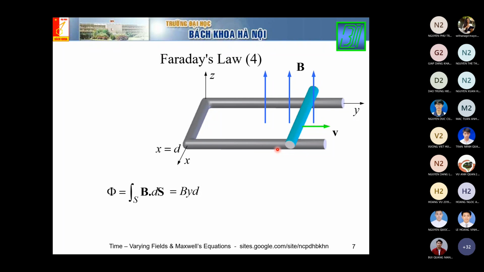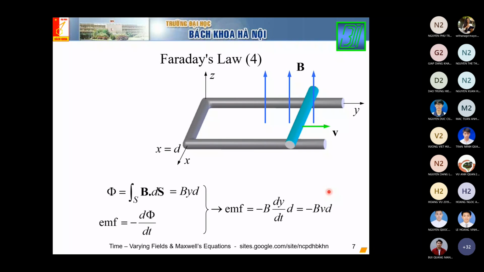The induced voltage can be found from this formula. We find the derivative, the rate of change in time of phi. From here, we have this. So you can see that if this bar is moving, then there is an EMF, okay?